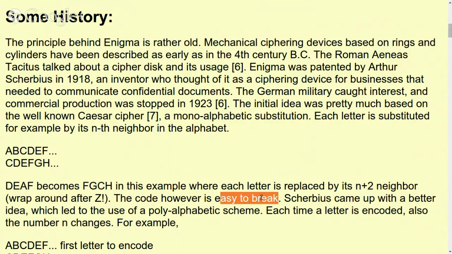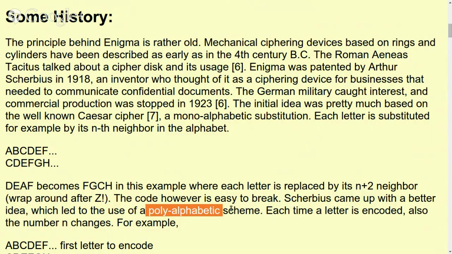Now, Arthur Scherbius, sorry for mangling his name, is the one who invented the Enigma machine back in 1918. He came up with a better idea, which is to use a polyalphabetic scheme.